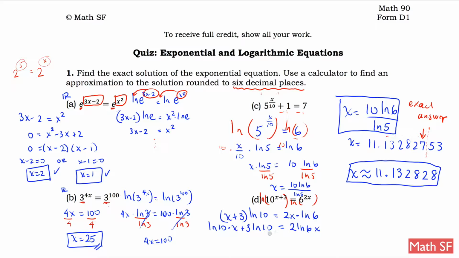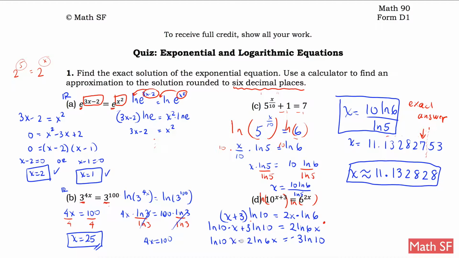Anything that has an x, I'm going to move to either the left or the right side. It doesn't matter. So here I'm going to keep ln of 10 x, and move this guy to the other side. So minus 2 ln of 6x equal to, and I'm going to move this guy to the other side as negative, right? Negative 3 ln of 10.